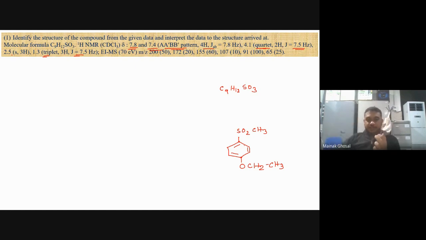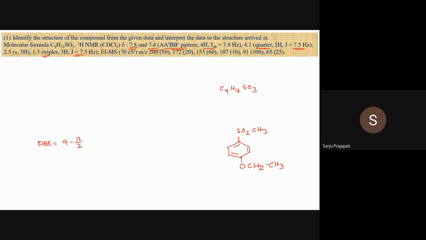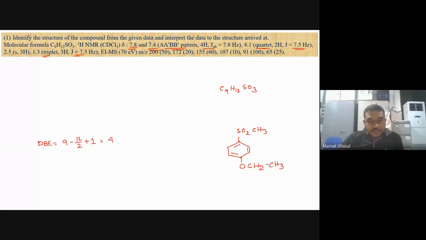Okay, let me go one by one. First, you need to find the DBE. DBE is nothing but how much will it be? 9 minus 12 by 2, plus 1, which is 4. So there are 4 double bond equivalents present here.